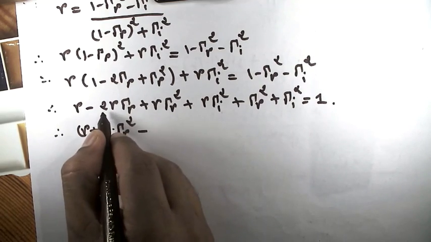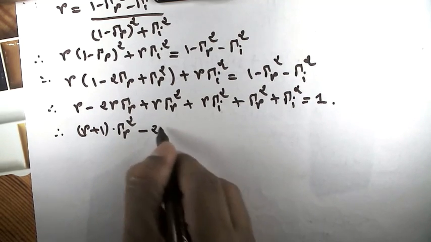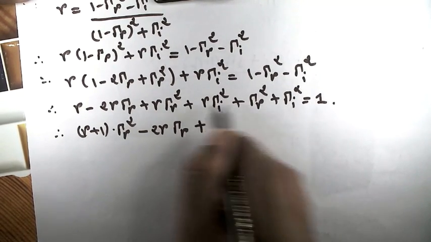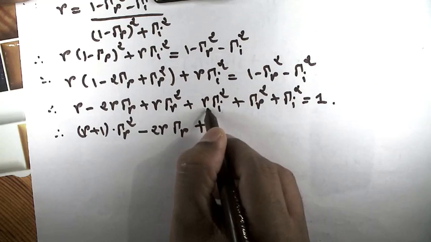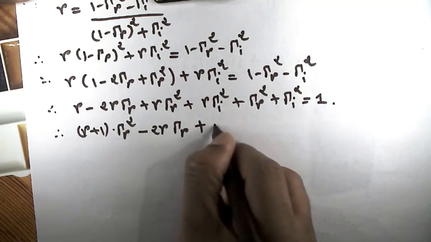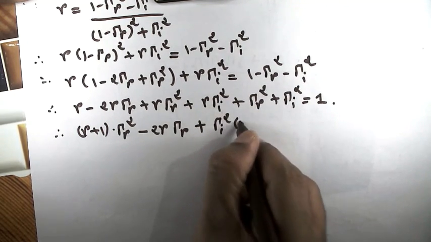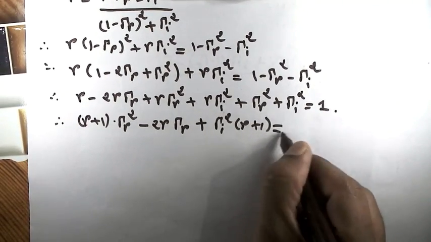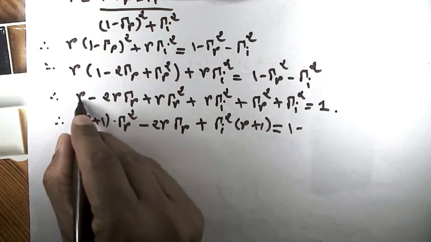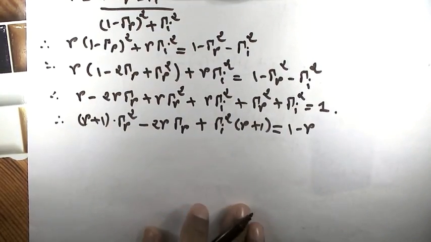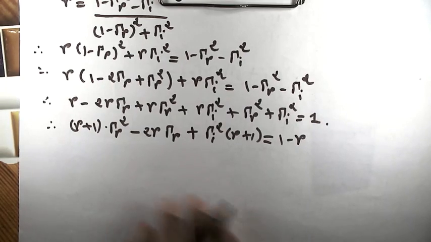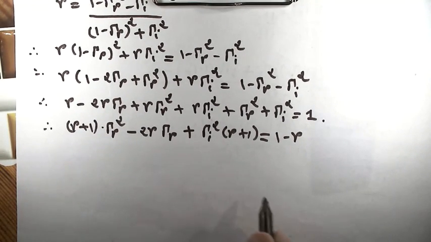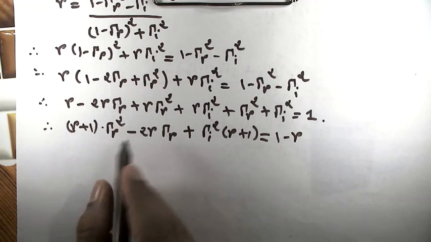Now I put these terms, so minus 2 r sigma r plus, same way I have a sigma I square and I have r into sigma I square, so I can take sigma I square common, so it will become r plus 1, is equal to 1 minus r, so this r I put over here. Okay, so now we have such an expression which still doesn't look like a circle equation.